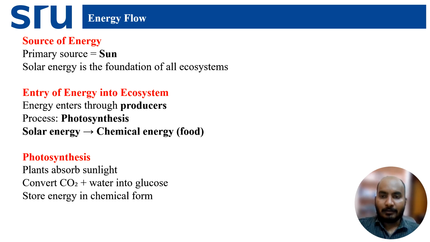Plants utilize sunlight to produce food through photosynthesis, converting solar energy into chemical energy.